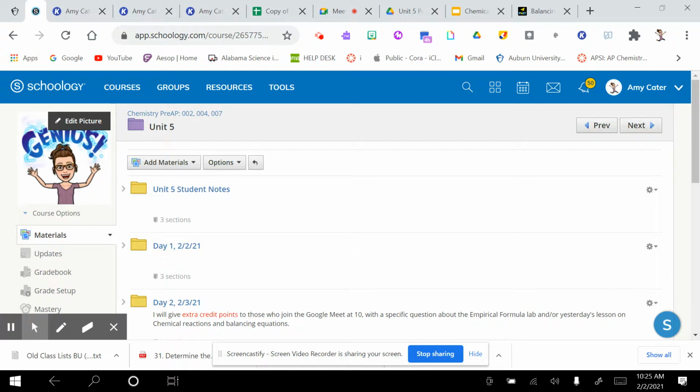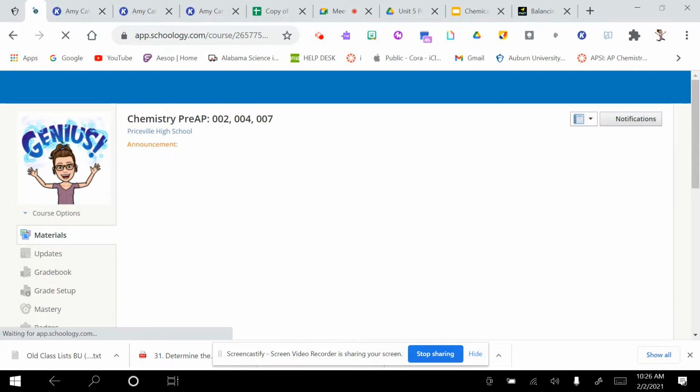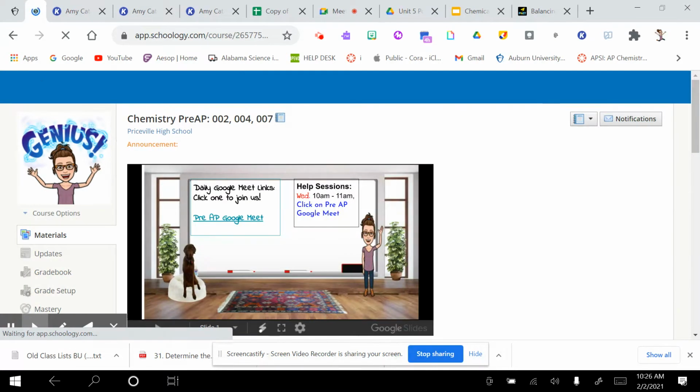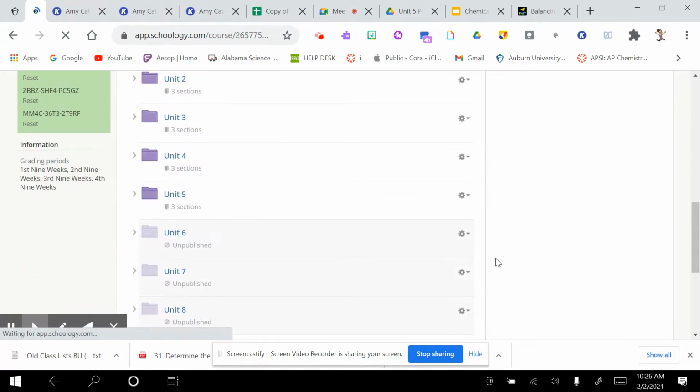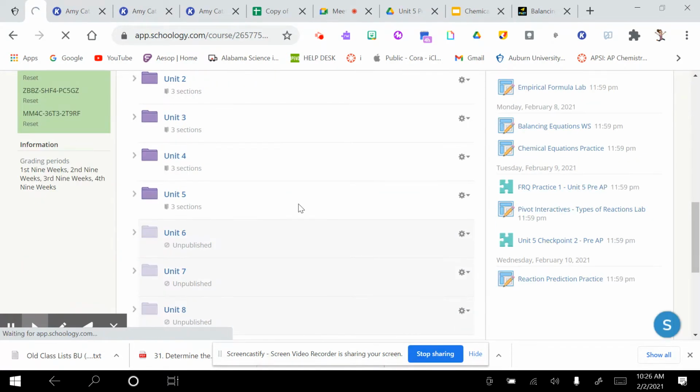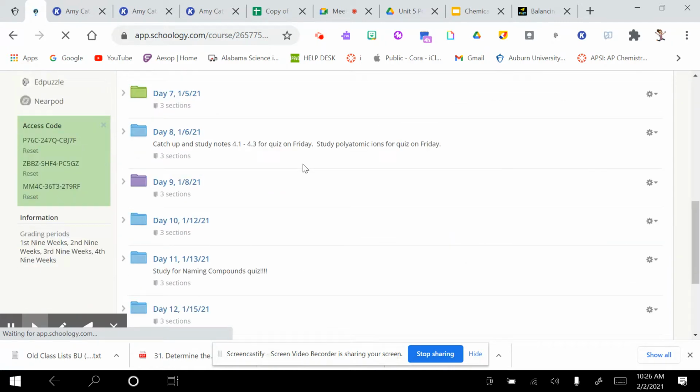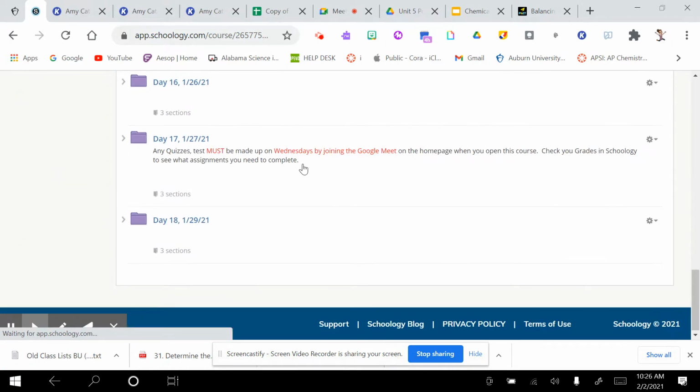Okay, so before we go to Unit 5 stuff, let's go back to Unit 4. Two things I want to mention to you that hopefully you will like. Point number 1: you are able to open up your test and see the correct answers.